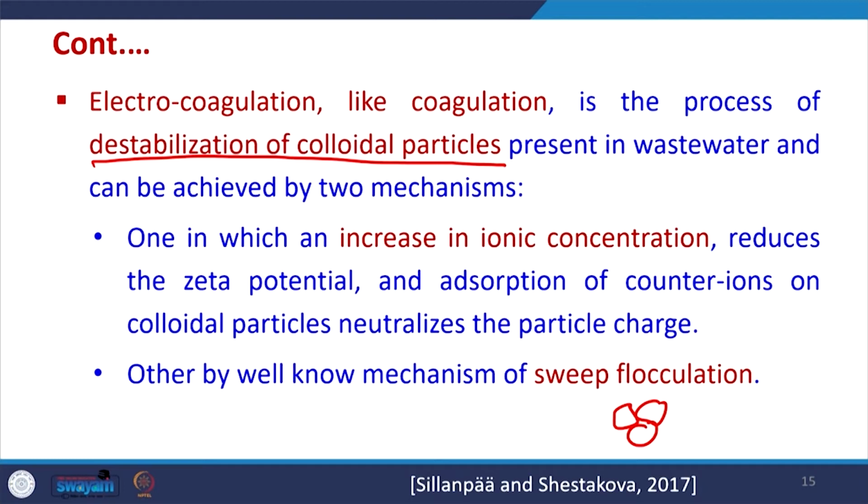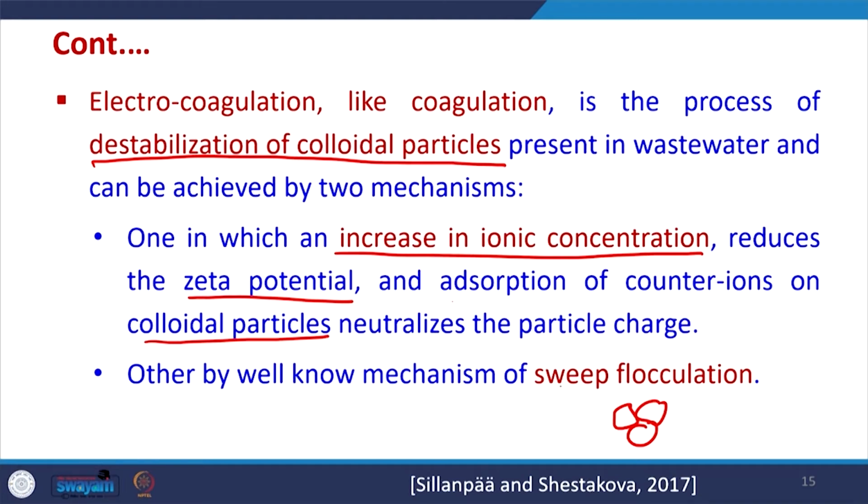Now, what are the mechanisms? One of them is that the increase in the ionic concentration of other groups will reduce the zeta potential, and adsorption of counter ions on the colloidal particle will neutralize the particle charge. This is what happens, because we are continuously generating Fe2+ or Al3+ or Fe3+ depending upon the type of electrode.